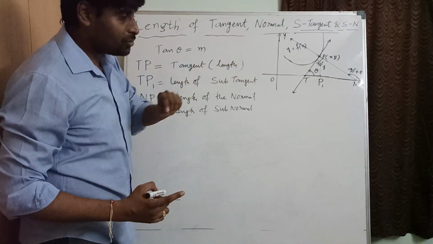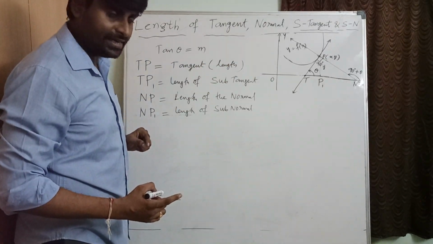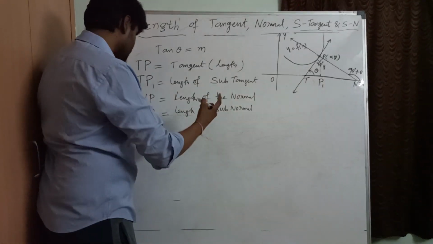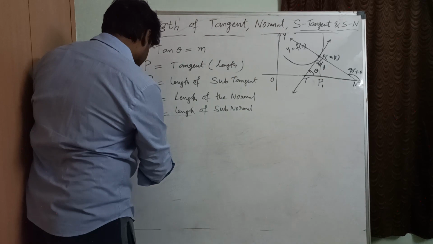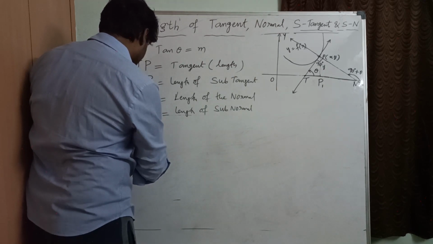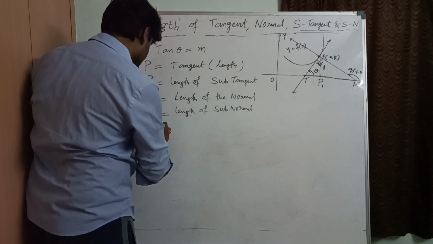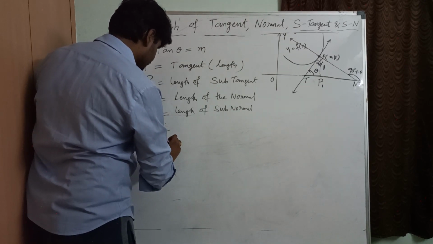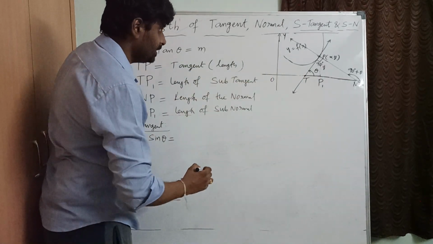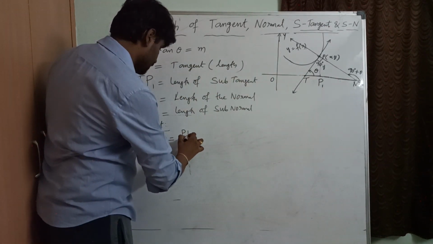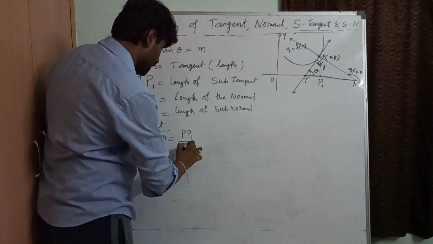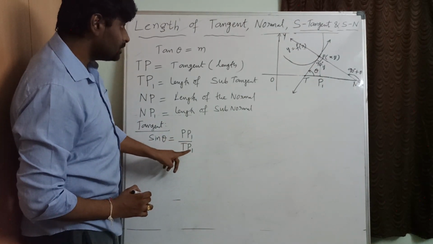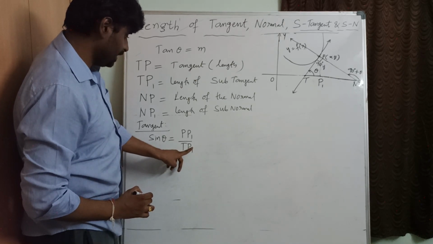Which trigonometric ratio can I take? Opposite by hypotenuse, means sine. So if I take sine theta, sine theta equals PP1 by TP, correct?